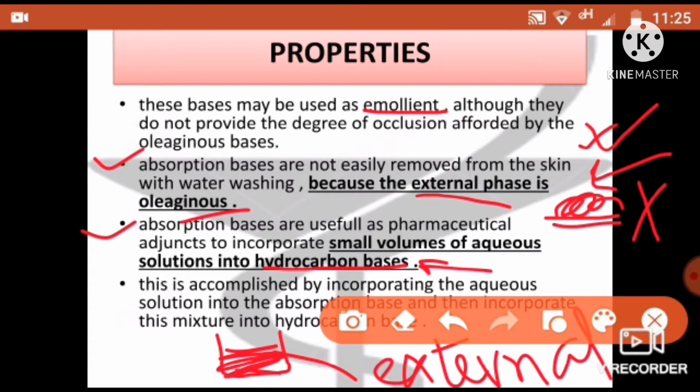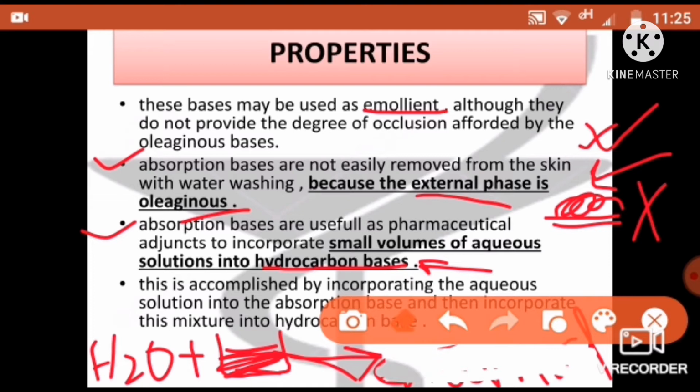So what we can do is add the water first into an absorption base. Suppose this is the water, add this water into this absorption base. Now this absorption base can be mixed with the hydrocarbon base.